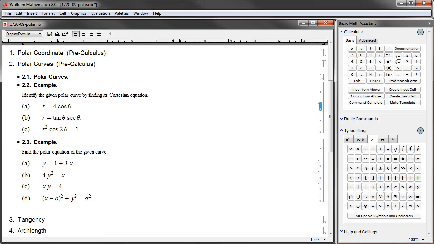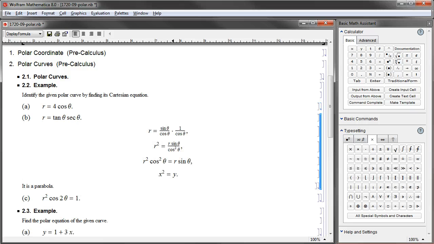How about this one? Tangent of theta times secant of theta. r is equal to sine over cosine. Let's manipulate this thing. Again, we need r squared somehow, and we end up with a parabola. Well, more can be done with these kinds of things, but you have to know analytic geometry a priori.